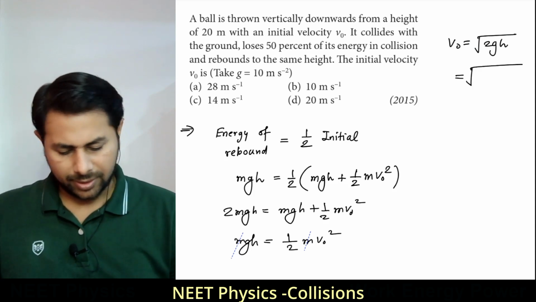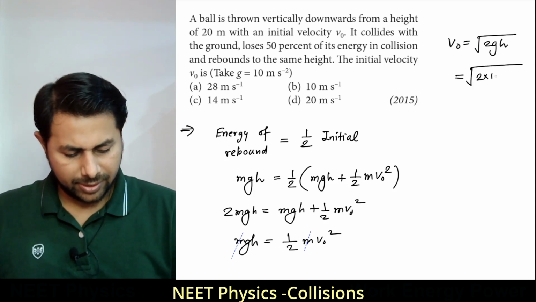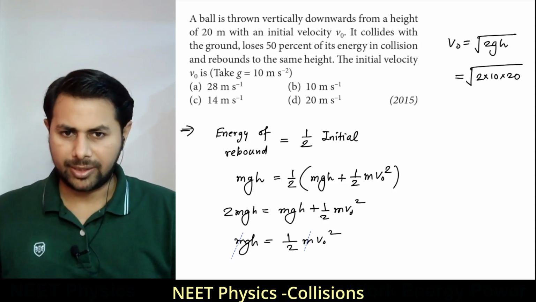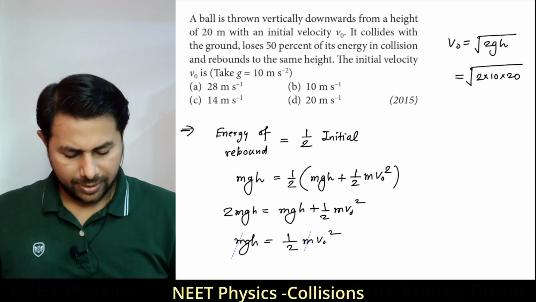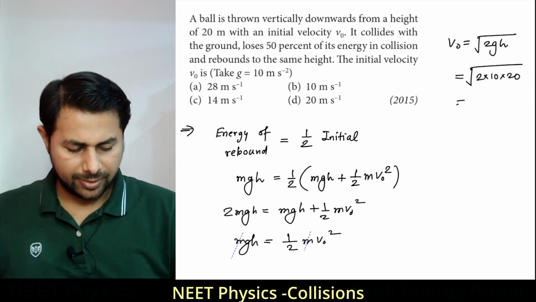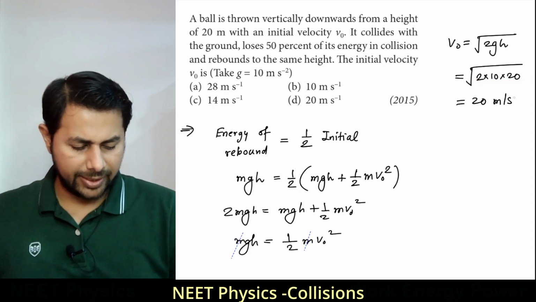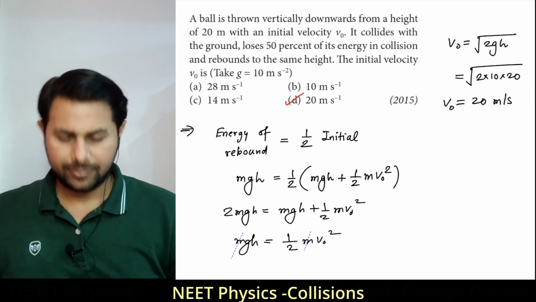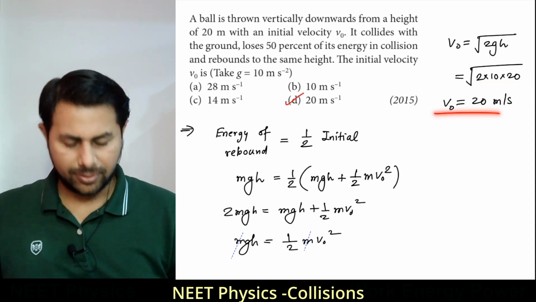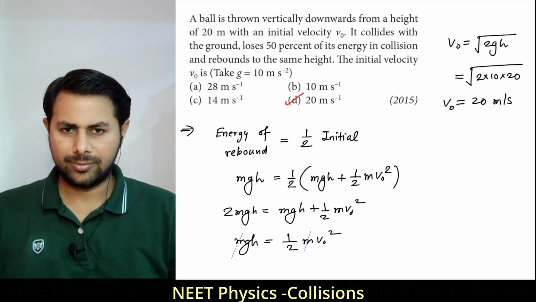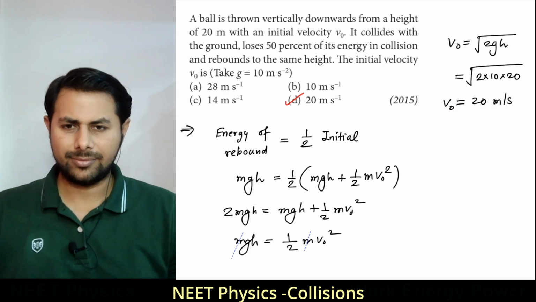But the initial height is given, so 2 times 10 multiplied by the initial height, right? g is 10, initial height is 20. Okay, option D, right? So it's 20 times 20, square root of that is 20. So the answer is 20 meters per second. Okay, so this is simple, right?